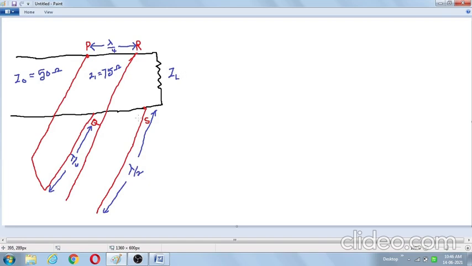We know that a quarter wave transmission line acts as an inverter, and a half wave transmission line acts as a reflector or mirror.